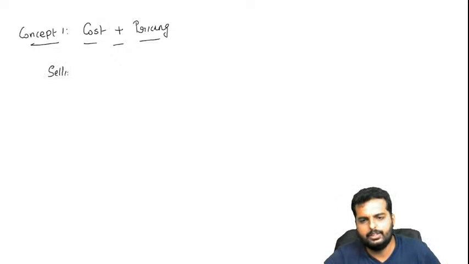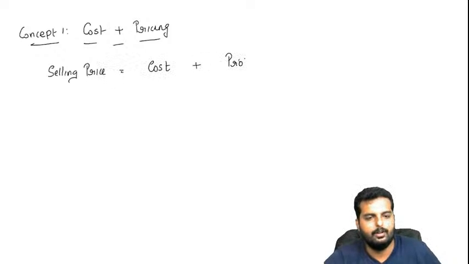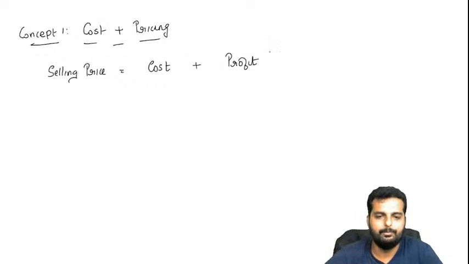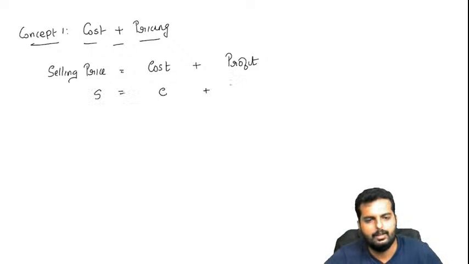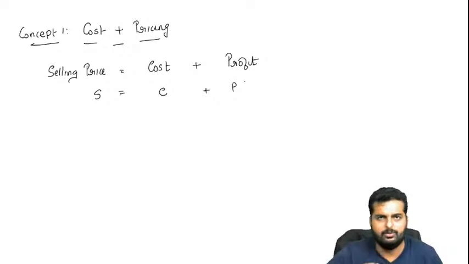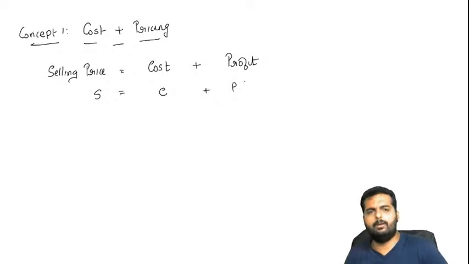Under this methodology, selling price will be equal to cost plus profit. So we can say that C plus P is equal to S, S is equal to C plus P. Can you write this down in your books? I'll give you a few examples after you complete writing this.